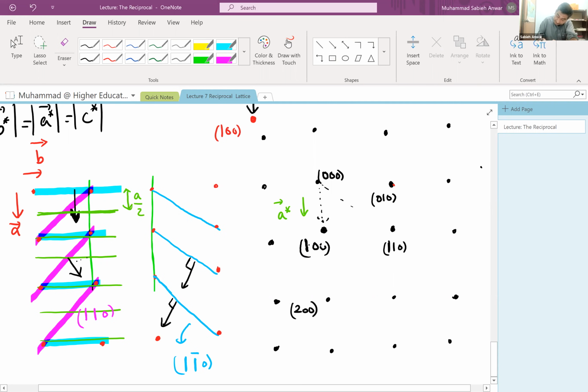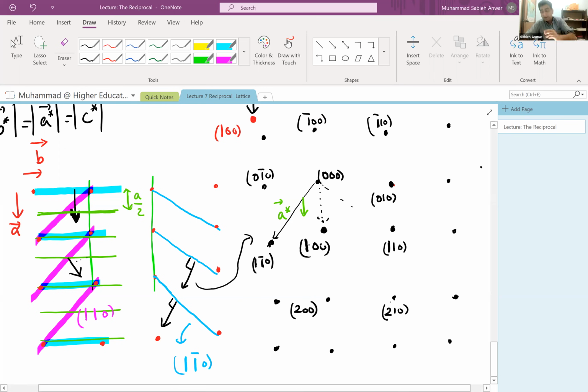I just take this vector. Vectors can change their position. It's the length and the orientation of the vector that matters. So I just take this vector, place its tail at the origin, and this is where I would end up. So this point is identified as 1 1 bar 0. This point would be identified as 0 1 bar 0. This point would be identified as 1 bar 0 0. This point would be identified as 1 bar 1 0. This point would be identified as 2 1 0.